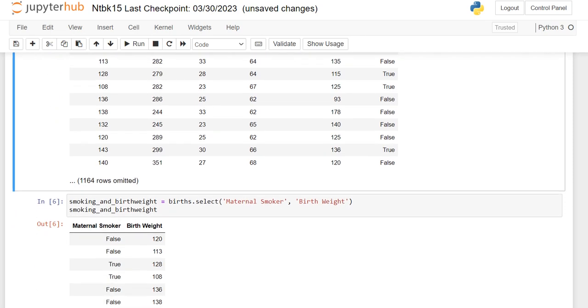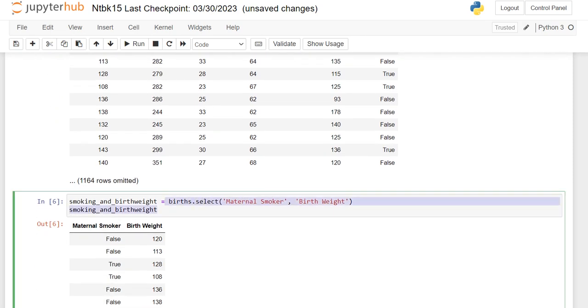So what we're going to focus on is selecting these two columns, maternal smoker and birth weight. Why? Well, because this is an older data set, and a rough proxy for the health of the baby was birth weight. While babies can be too heavy, we know that now, they can also be too light.